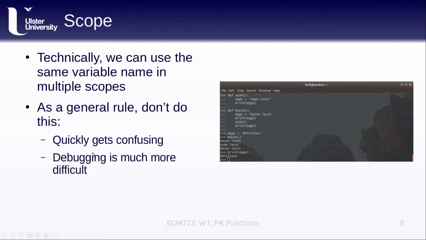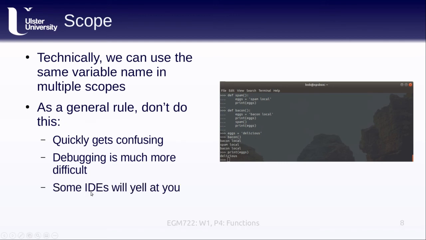It makes debugging much more difficult because we're no longer sure which value or which particular instance of a variable we're seeing when we're trying to debug the code. So we want to avoid using the same variable name in different scopes.